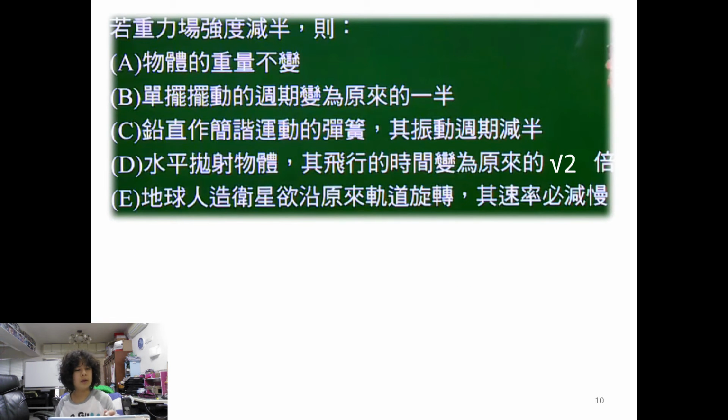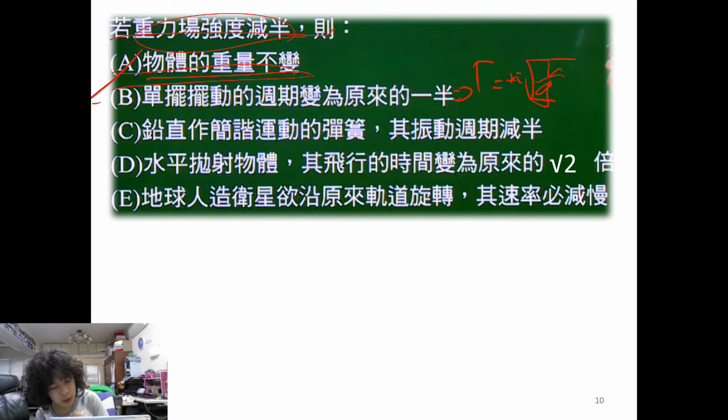So now if g becomes half, this is absolutely impossible, right? And T equals 2π, remember, square root of L divided by g.